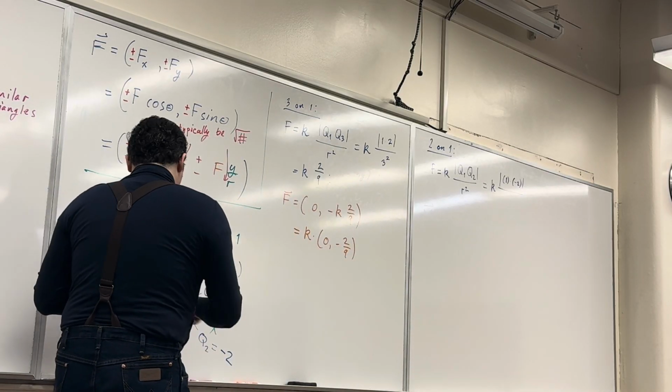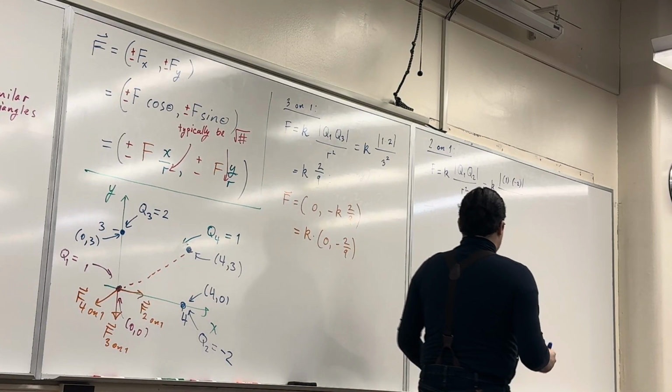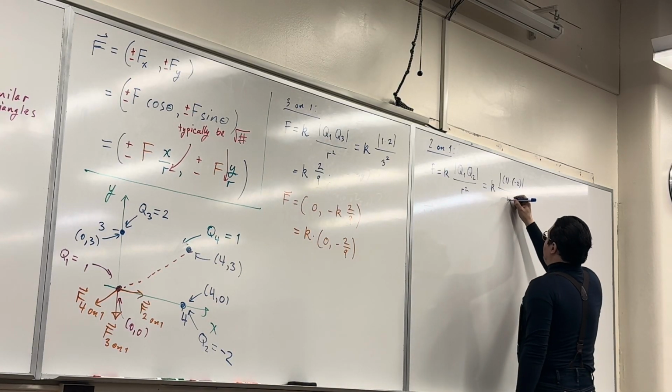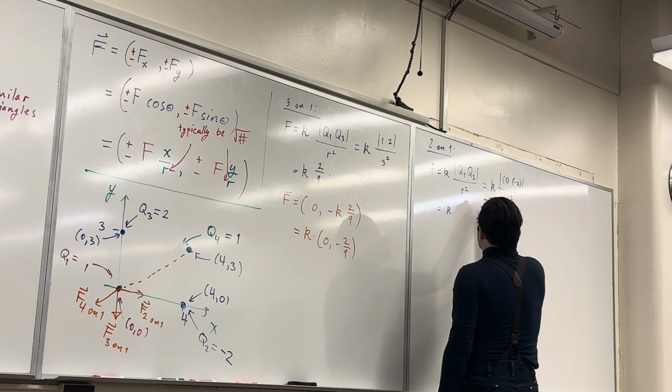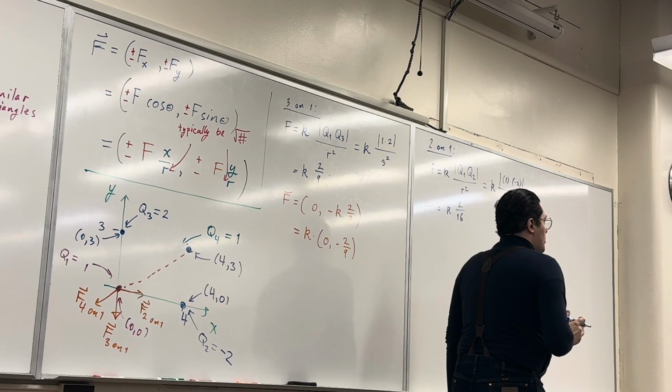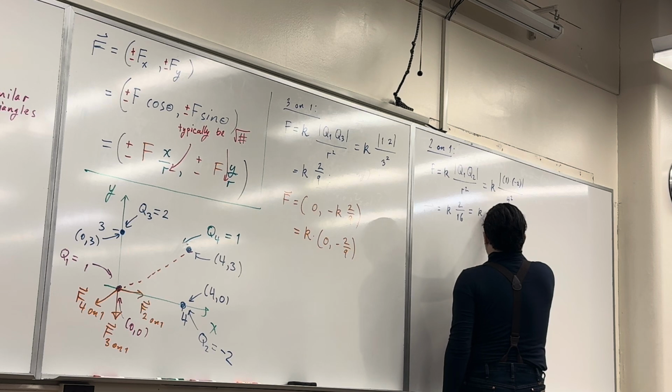You don't have to think too much about it. The distance is 4. 4 squared is 16. So this is 4 squared. And now we've got k times 2 over 16. And if you want to, you can simplify it and get k times 1/8. That's fine.